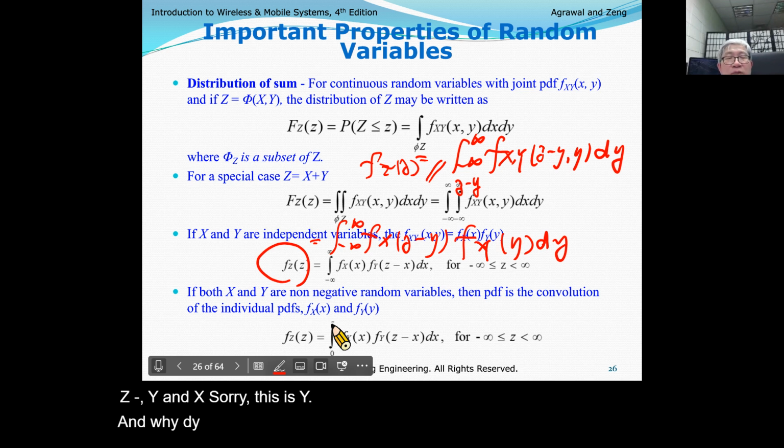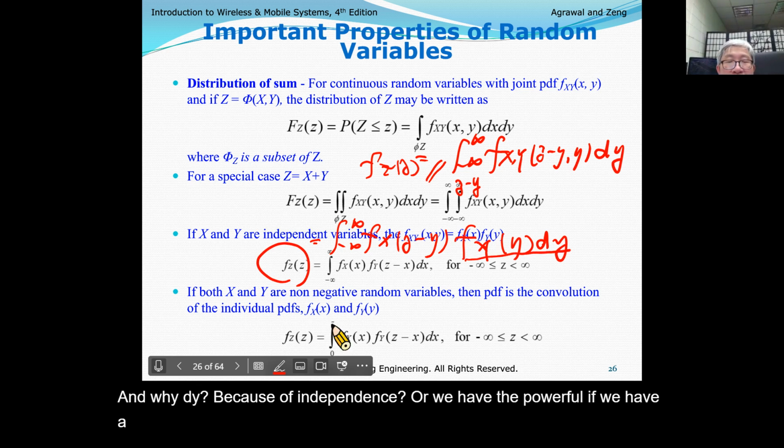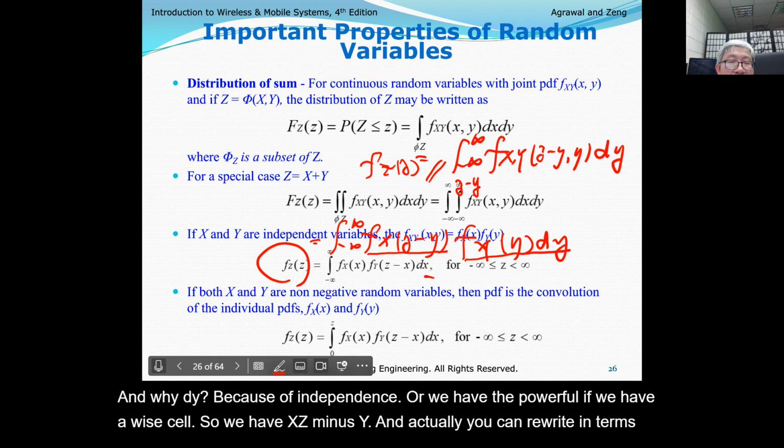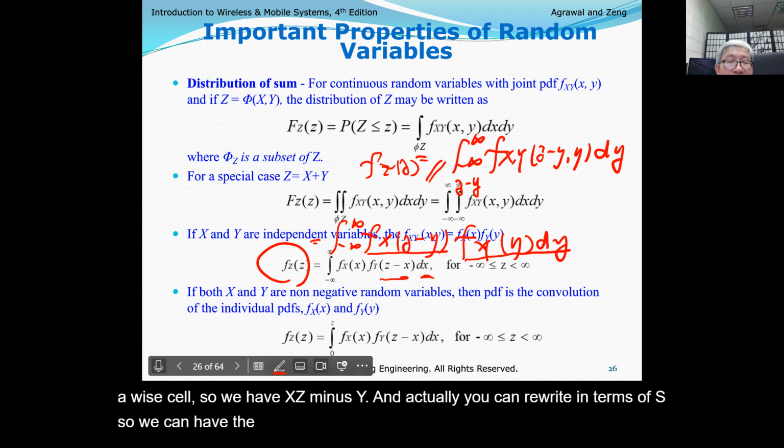Because of independence, we have the product form. If we have y itself, we have x at z minus y. And you can also rewrite it in terms of x, so we have the result with x and z minus x, y being itself. So this form or this form, if they are independent.